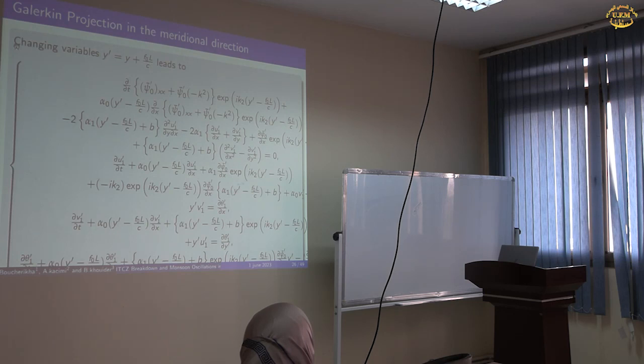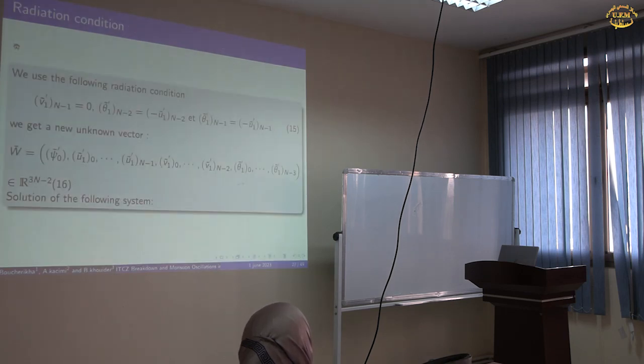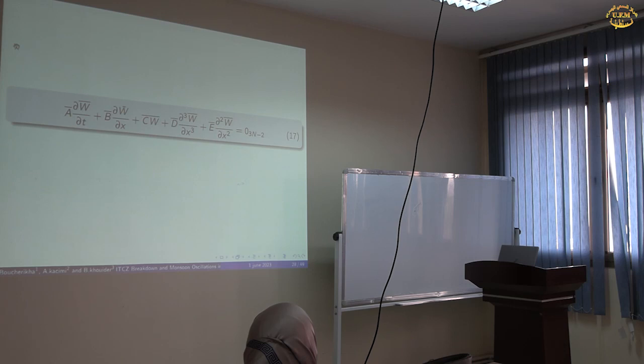And by changing variable y prime equal to y plus f0 l, we go to the radiation condition. We use this condition on the system. And finally, we found this system by using the Galerkin projection and the radiation condition.